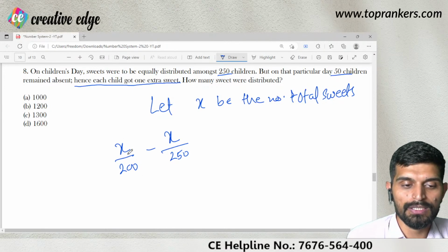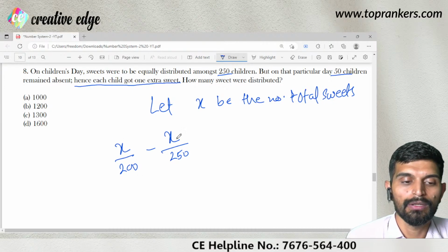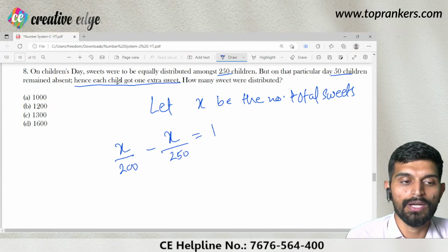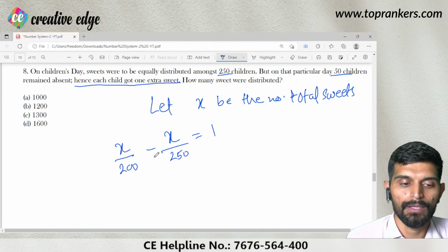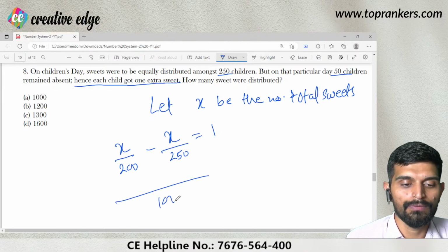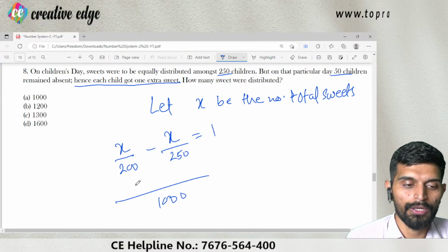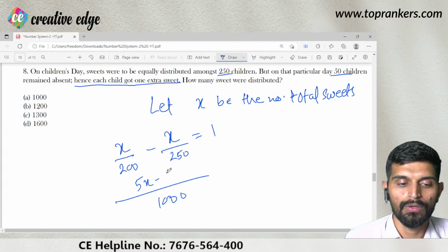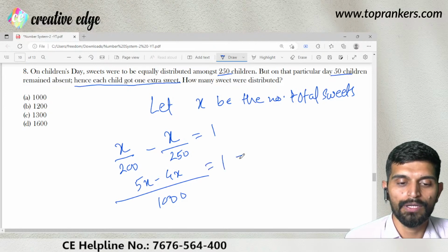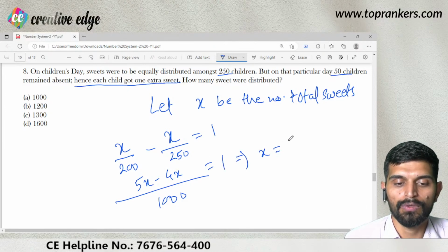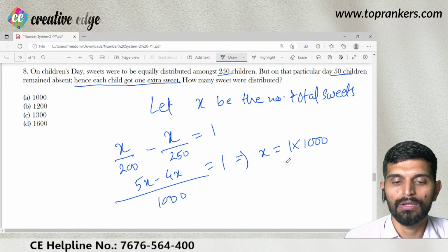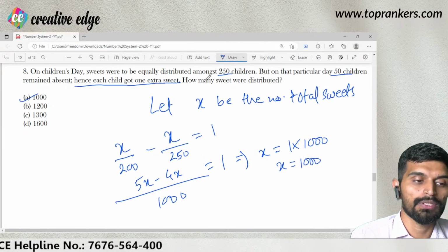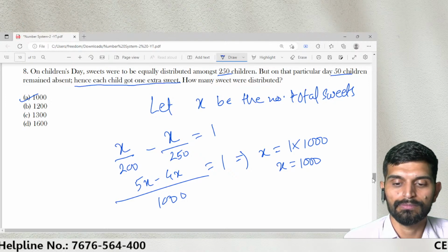And definitely this number will be larger than this number. So this difference is equal to 1. It is given that each child got one extra. So now taking LCM, 1000, so 200 into 5, so 5x minus 250 into 4, 4x equal to 1. So that gives you x equal to 1 into 1000. So x equal to 1000. Answer to this one is 1000.